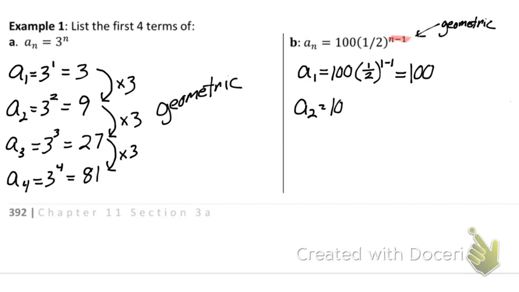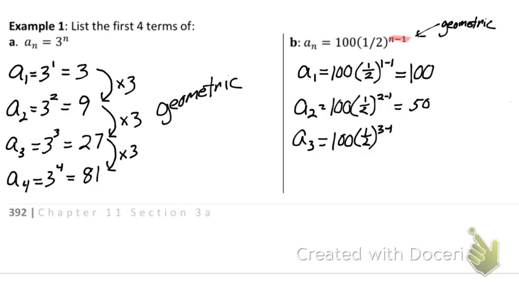The next one is 100 times 1 over 2 to the 2 minus 1. Well, that's just 1/2 to the first power, so that's just going to be 1/2, so it's going to be 50. A sub 3 is going to be 100 times 1/2 to the 3 minus 1.